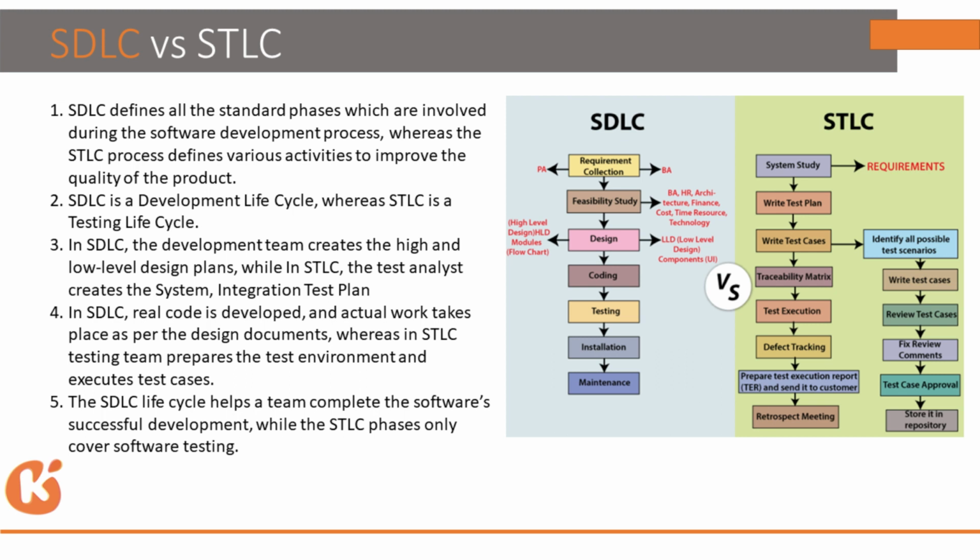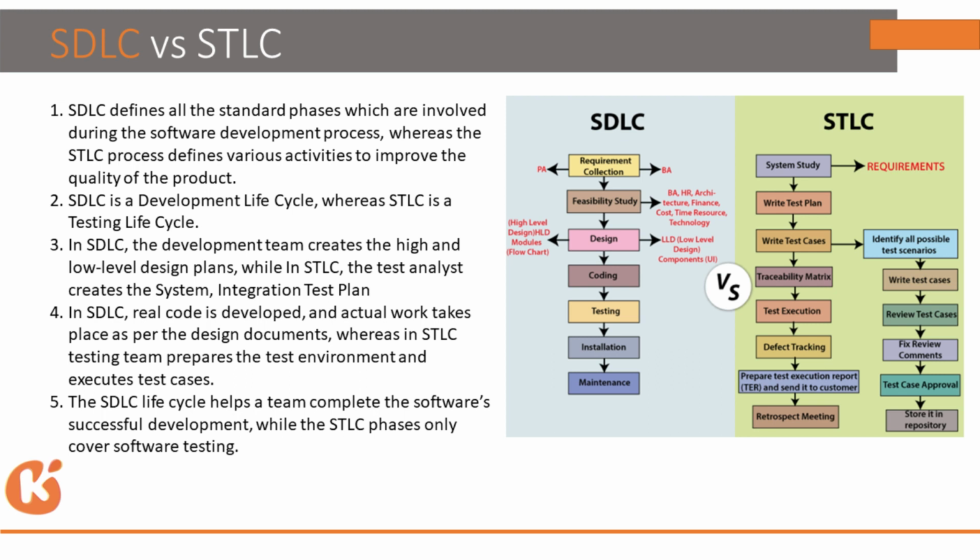So the fundamental difference between SDLC and STLC is that SDLC is used for developing the software application, whereas STLC is used for testing the application. The SDLC lifecycle helps a team complete the successful development of the software, while the STLC phases only cover software testing. Here we have already discussed the phases of SDLC and STLC.